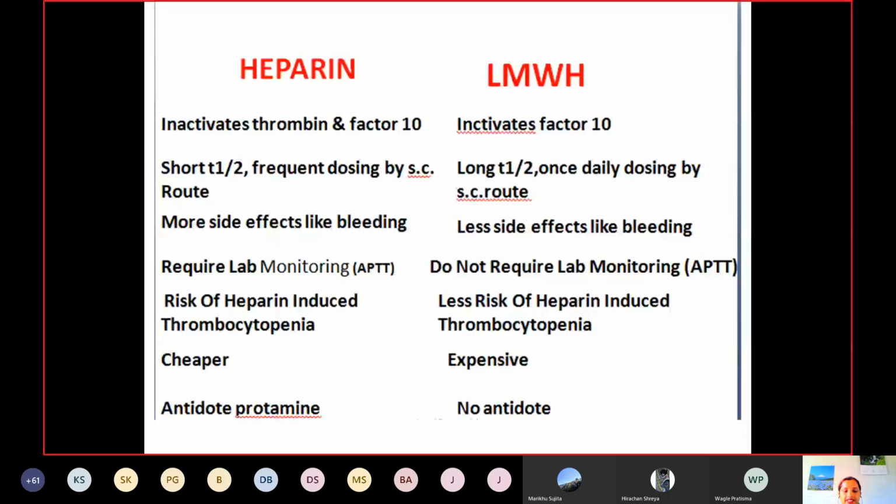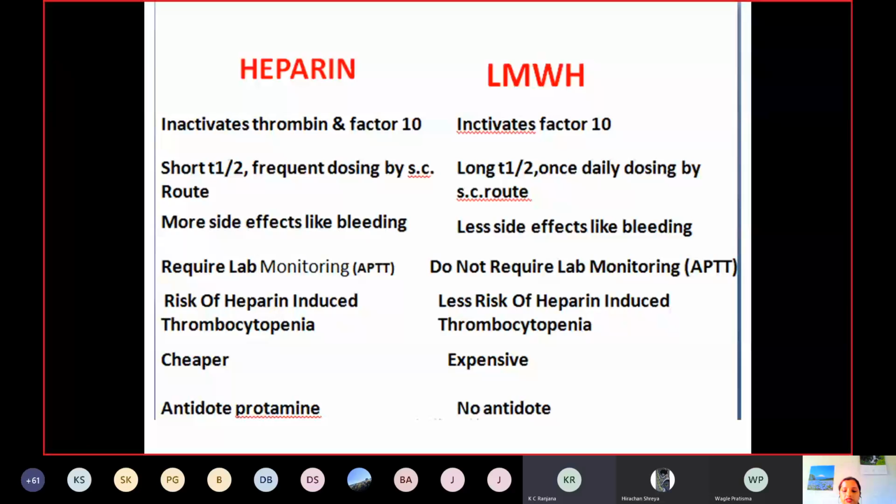You haven't read anything? What are the clinical indications? What are the therapeutic uses of heparin? DVT. What is DVT? Tell me in full form. Deep vein thrombosis.